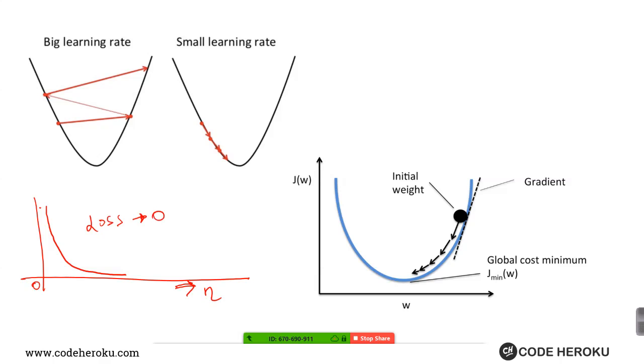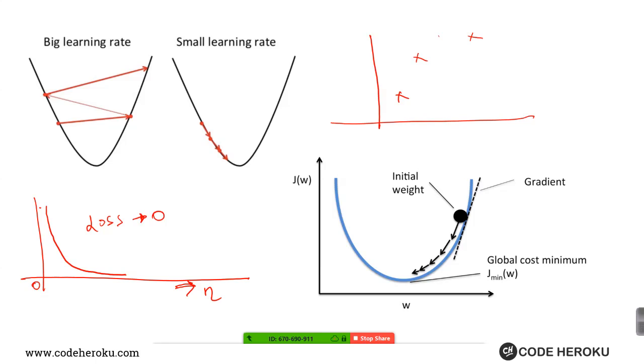Let me give you an intuition why that could be. So let's say I have a curve like this, okay? And I'm not talking about just a linear regression model, but any model in general, okay? So what should my prediction be for this point somewhere over here?